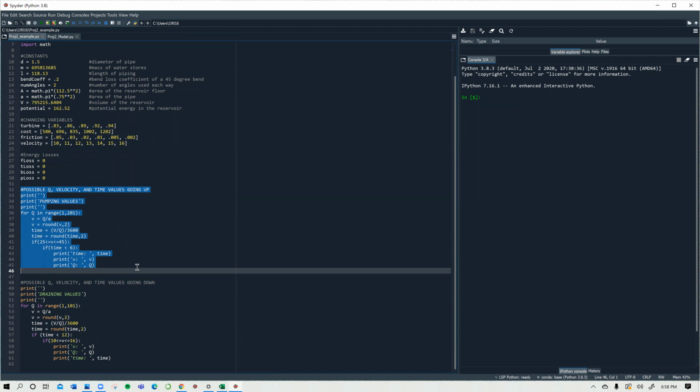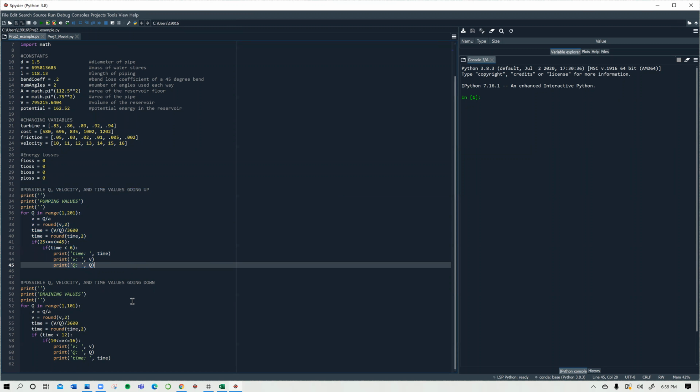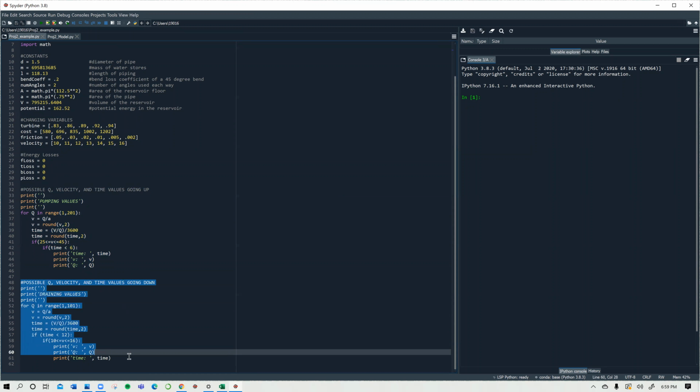This section of the code calculates all of the possible flow rates, velocities, and time values for filling the reservoir. The next section of the code calculates all the possible flow rates, velocities, and time values for draining the reservoir.